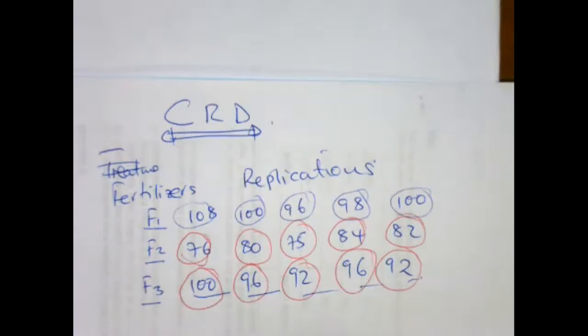So this is the data that we have across the different fertilizers. Take note that these are the replications, the repetitions, or the number of pots per fertilizer type. We are required to establish if fertilizer type produces different yield of tomatoes in terms of weight.